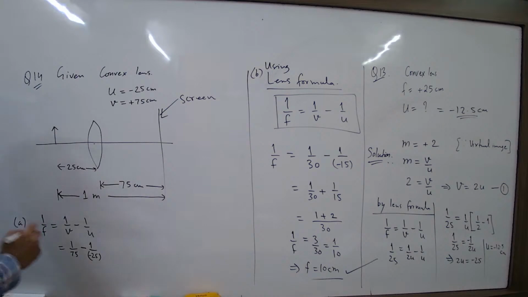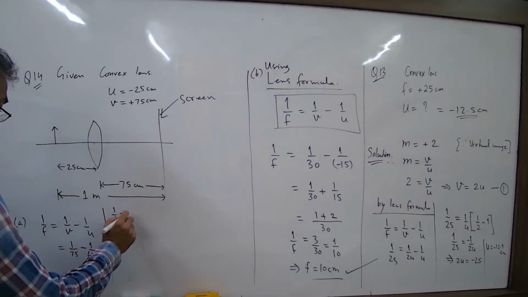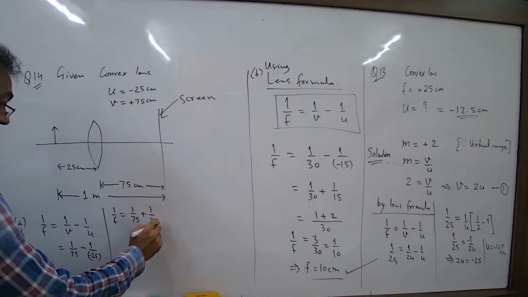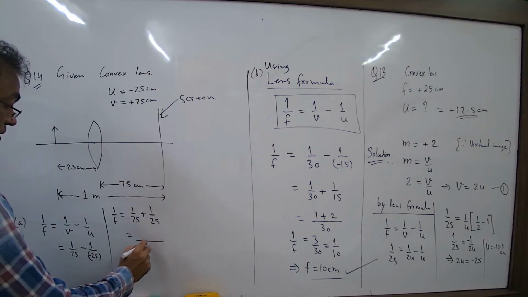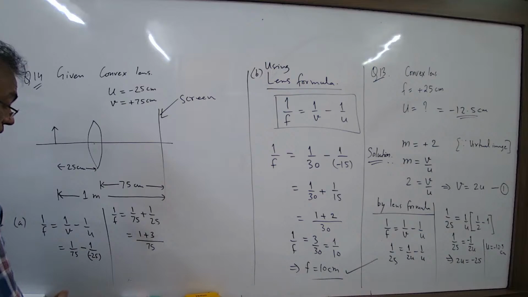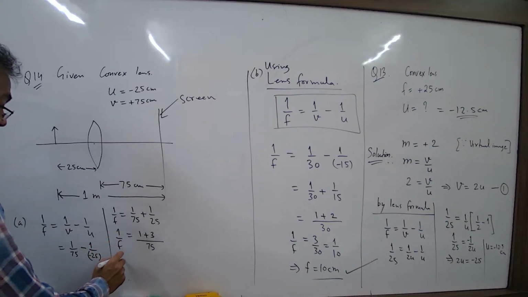Right? So 1 by F is equal to 1 by 75 plus 1 by 25. LCM 75, so 1 by F is equal to 4 by 75. This is 75 by 4.